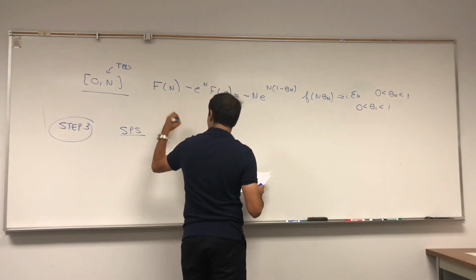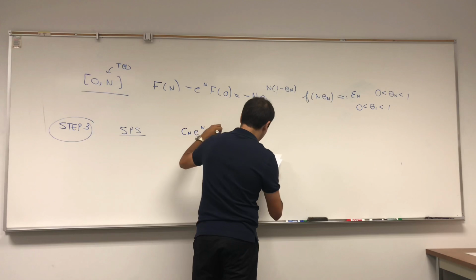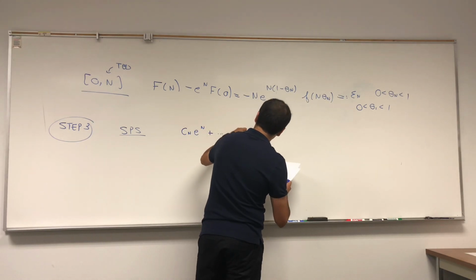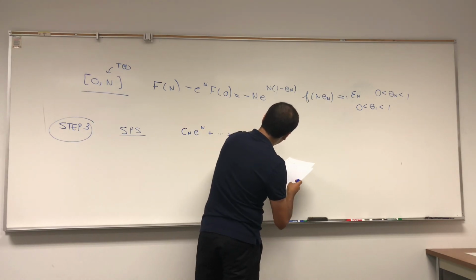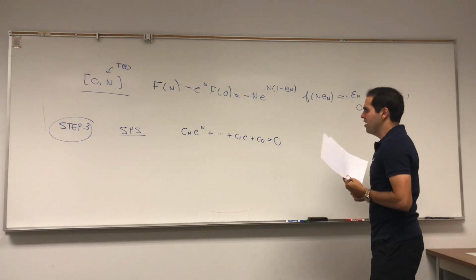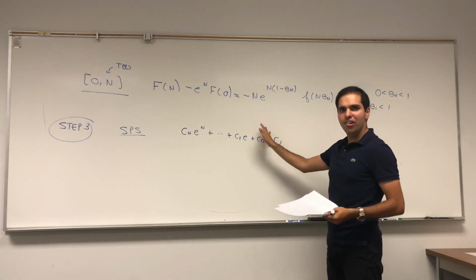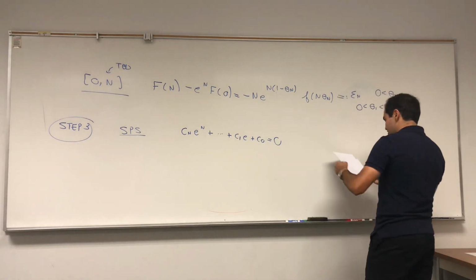So suppose we have some polynomial Cn e to the n plus etc. plus C1 e plus C0 equals 0. Okay. So in other words, suppose e is a root of a polynomial with integer coefficients.